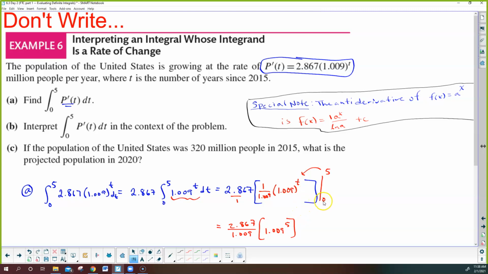Now we do have to be careful with the 0, right? If I plug 0 in here, it's not officially a 0, because anything to the 0 power is 1. So I still have to subtract. There are multiple ways you could do this, but I'm going to plug 0 in like this.